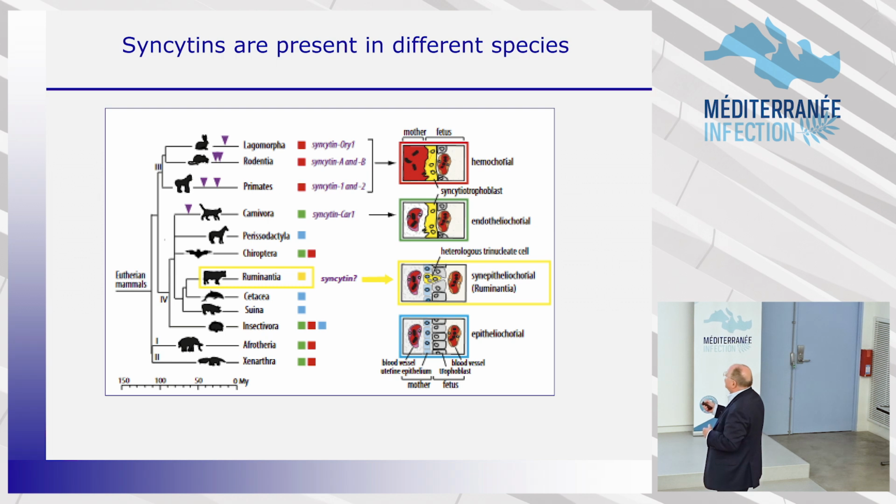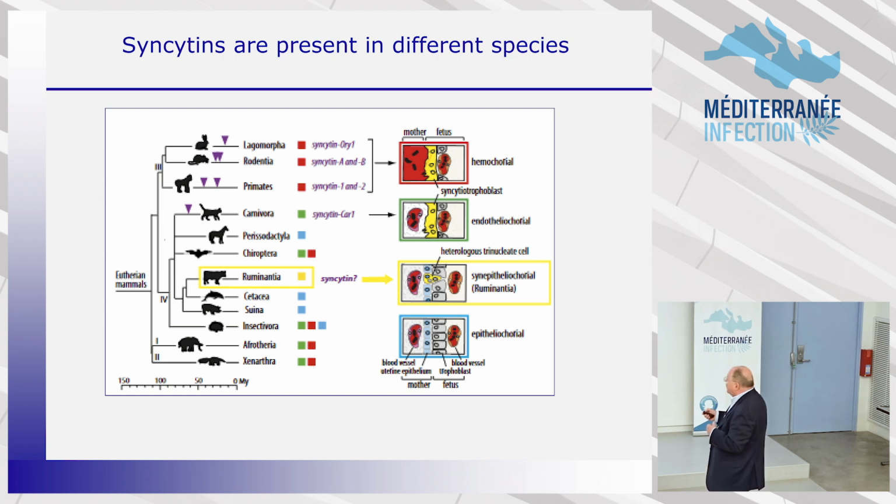Syncytin is not only present in primates. We have syncytin 1 and 2, but in different other species. And it is important to note that there are different types of placenta documented here, and in all these cases you have fusion of cells of both parts, and this is due to the presence of the syncytin in all these species.